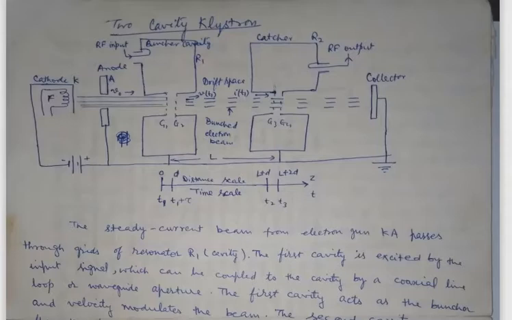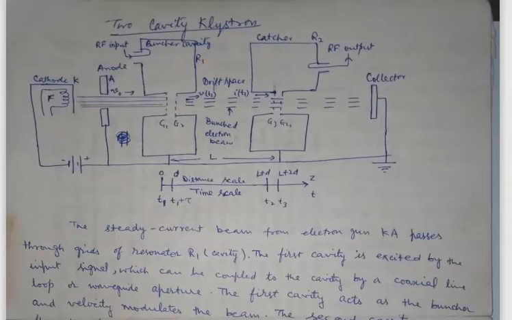In the adjoining figure, the schematic diagram of the two cavity klystron amplifier is shown, in which K is an electron gun.